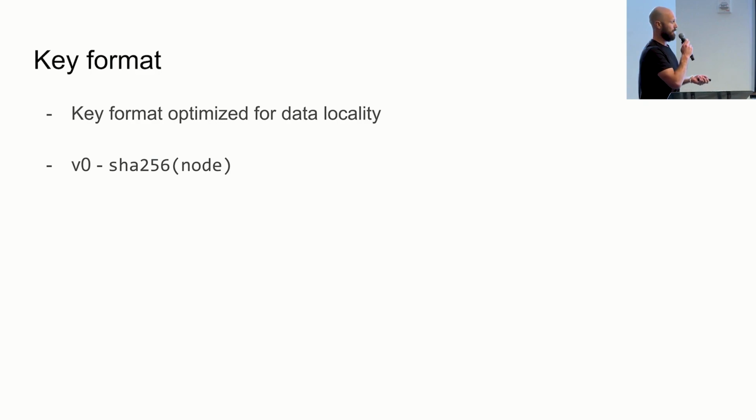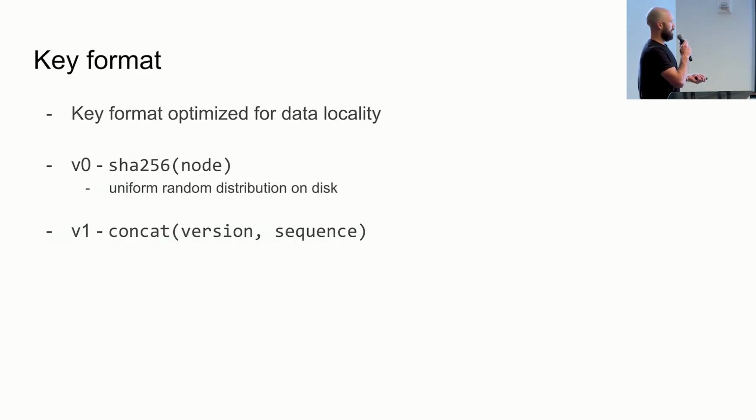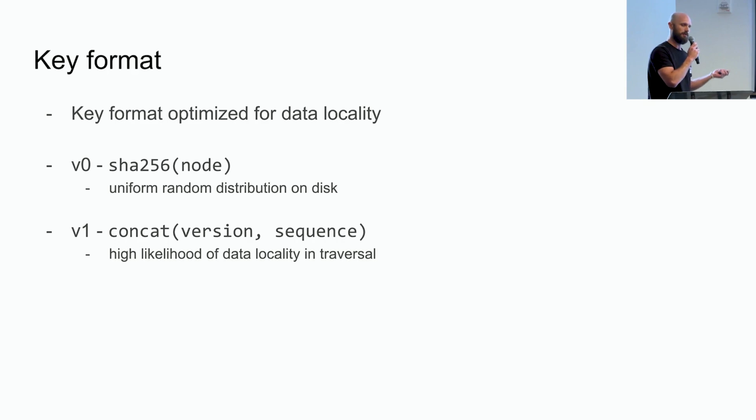That was the thesis. So V1 instead keys nodes by a synthetic key, a concatenation of the block height version and a sequence number, which is essentially just the order in which the write arrived at the library. So there's a high likelihood of data locality in traversal, as you'll see in the next slide.